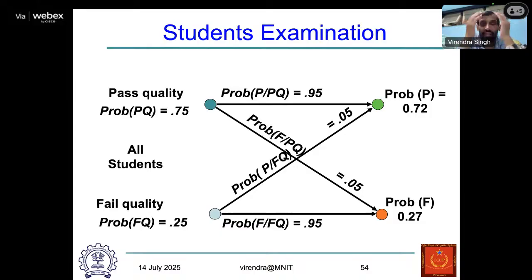So this is what we call the teacher's risk, because there is a risk that the teacher is passing some of the students who are not really pass quality students. Because of this 3 hours exam, or a short exam, we have all these problems.